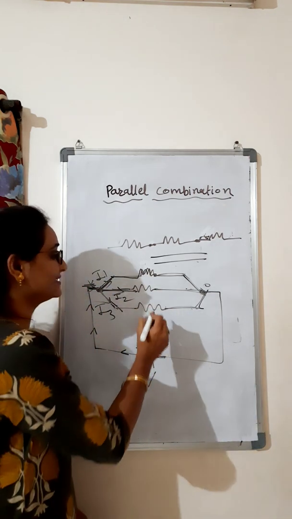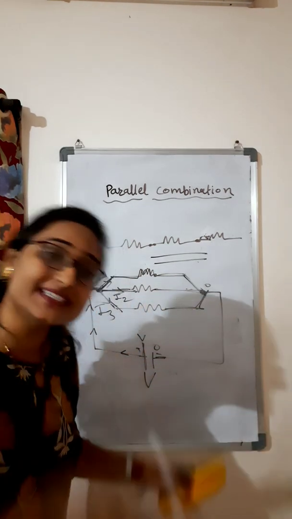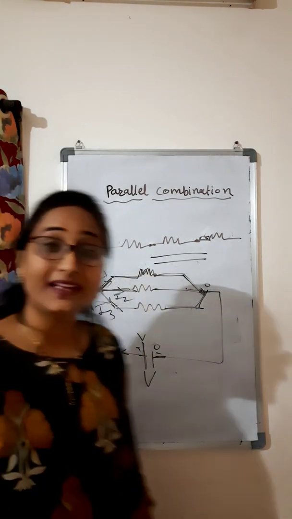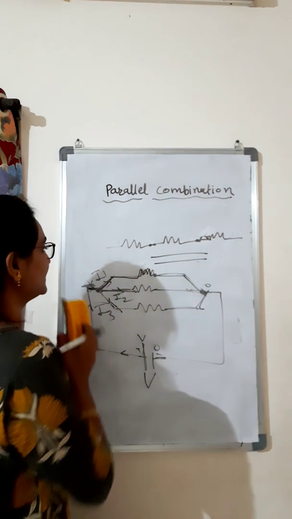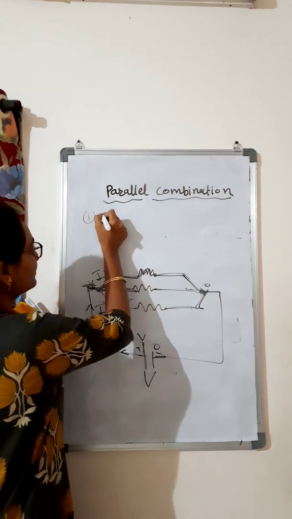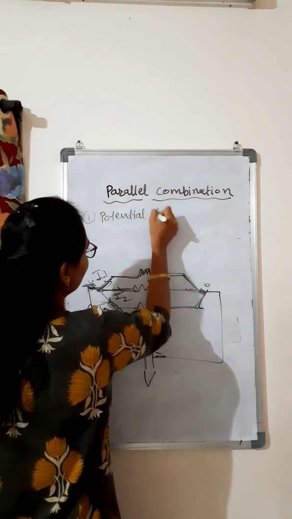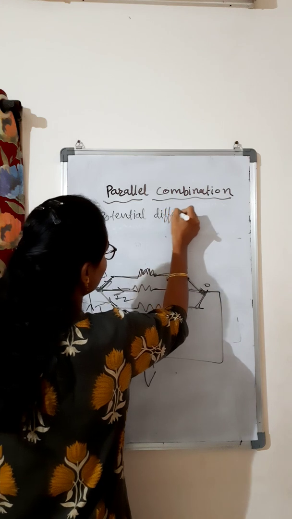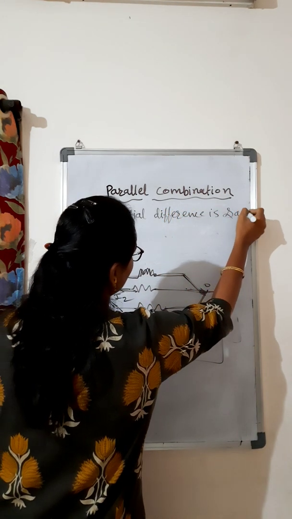If you try to understand here, the potential difference is the same in the parallel combination. In series combination, current was the same, but in parallel combination, potential difference is the same.